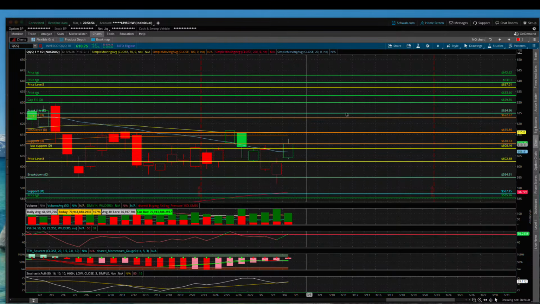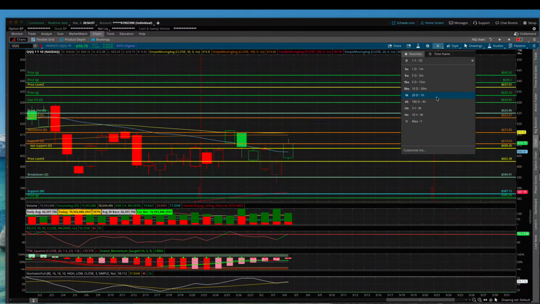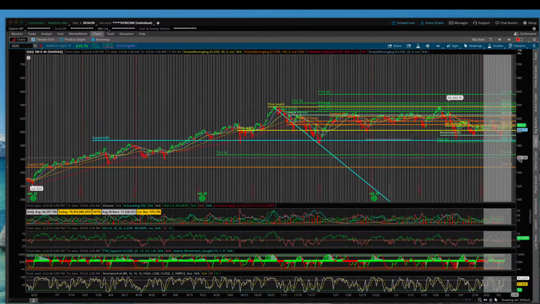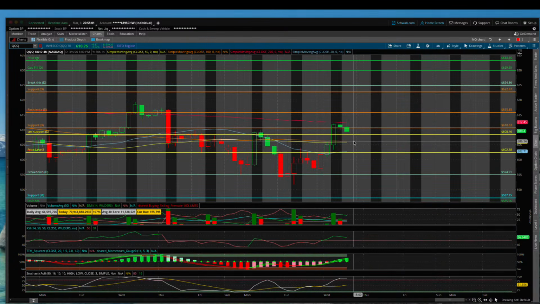If we pull back, let me check it out. Yeah, 106 to 107. I like this to hold 106 to 107. If it could hold 106 to 107, I think it's very strong. The Qs, I think they're very strong if they could hold 106, 107.